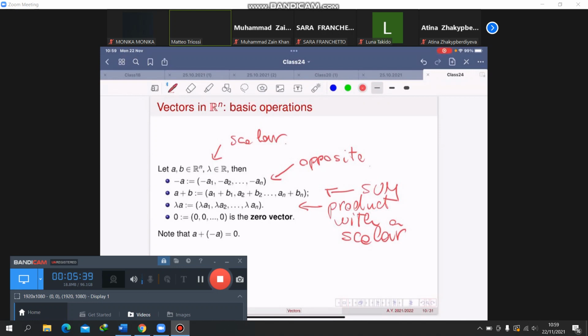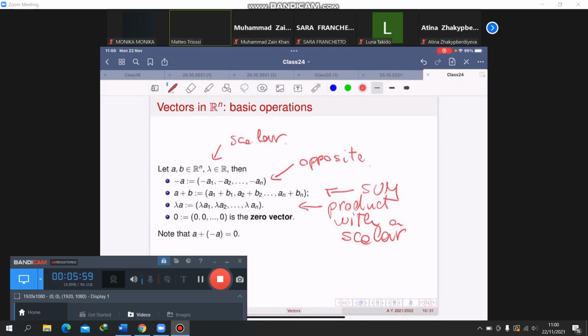And the sum between two vectors is to be performed coordinate by coordinate. So the sum of two vectors is a vector having as coordinates the sum of the coordinates of the two vectors.